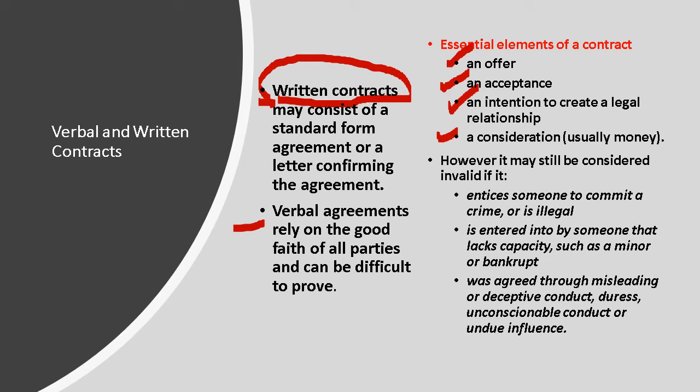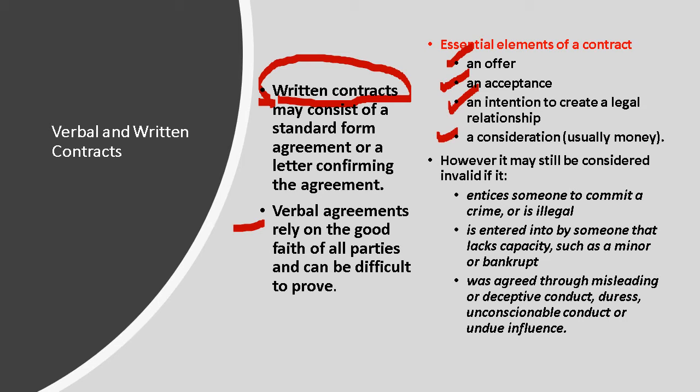Acceptance is that the buyer accepts the color, the brand, the model. There is an intention to create a legal relationship: the buyer and the seller are legally involved in a contract agreement or a written agreement. And there is a consideration of the amount, the total amount or the contract price of the vehicle.